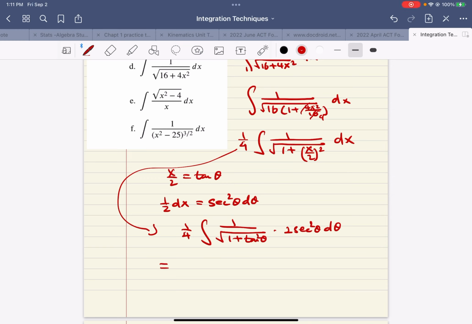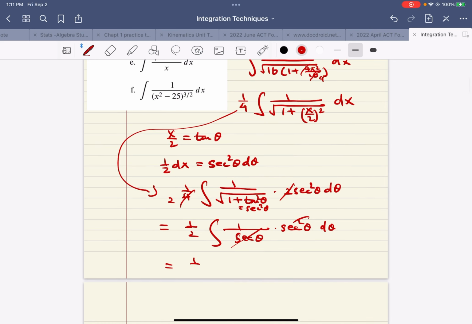Okay? So this one cancels. 1 out of 2 integral 1 over 1 plus tangent square is secant square. So this is secant square theta. But the square root is just 1 secant theta times secant square theta d theta. So one of them cancels out. So 1/2 you have secant theta d theta.